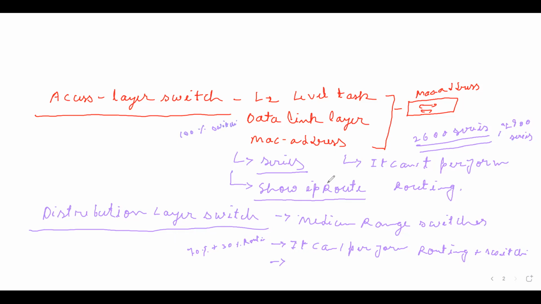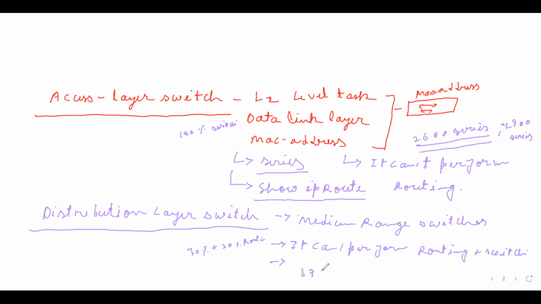Then I have core layer. This is very heavy switches, core layer. You can understand by the name, core layer switches. In distribution layer, you have the Catalyst 3750 series, and 3600 series or 3700 series.